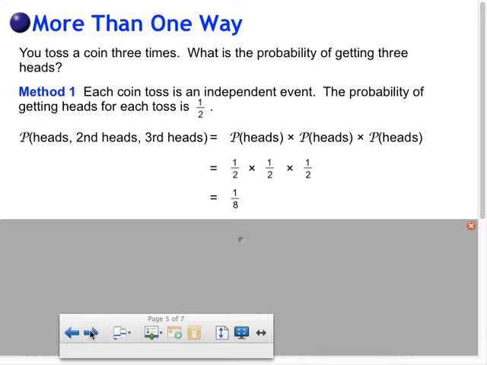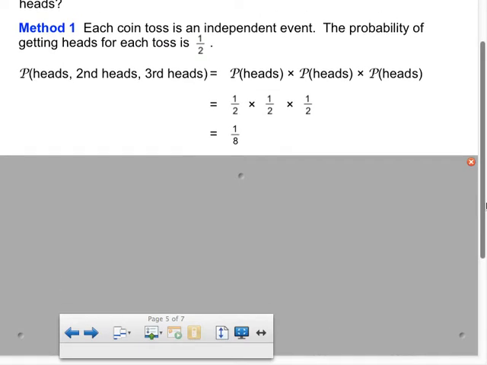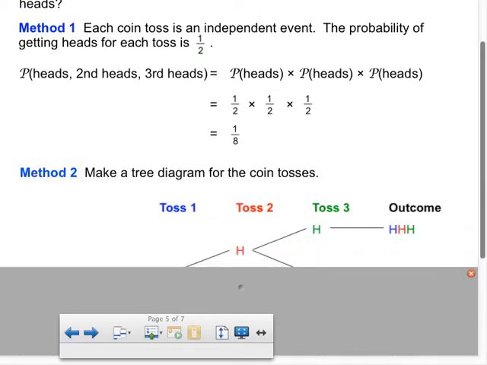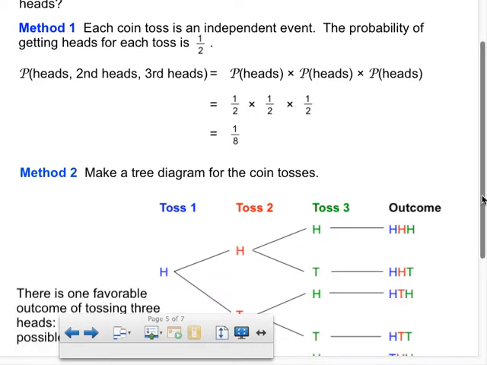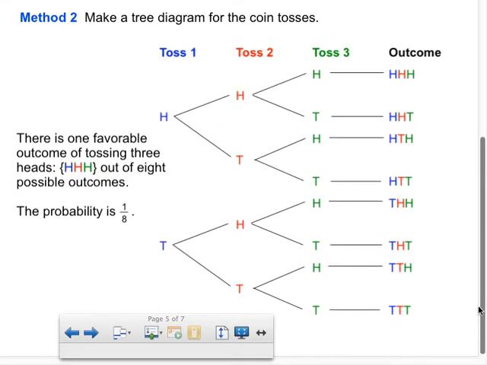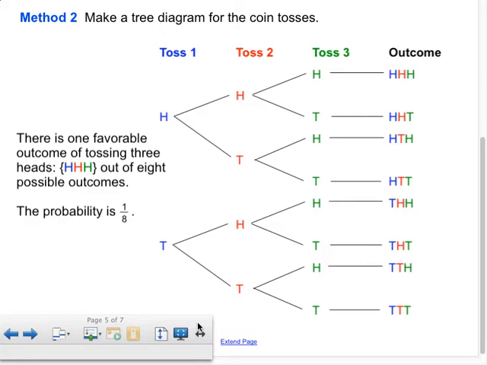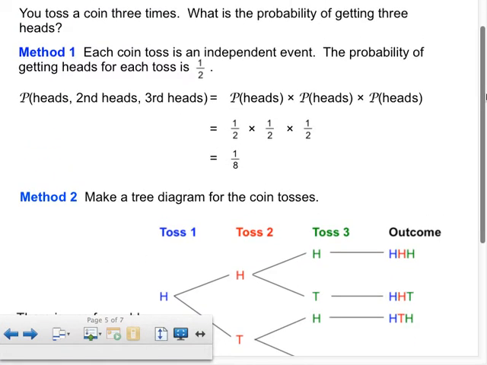Here I'm just going to review what I said earlier. We know how to calculate the probability of compound events: we multiply the probabilities of the independent events. We can also create a tree diagram or a sample space. The probability of flipping heads 3 times in a row is 1/2 times 1/2 times 1/2, which is 1/8.